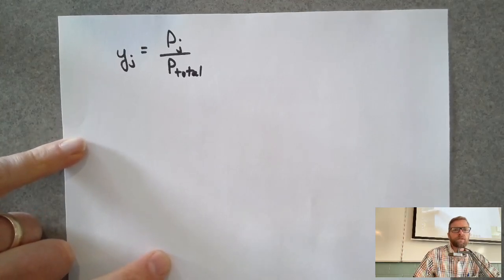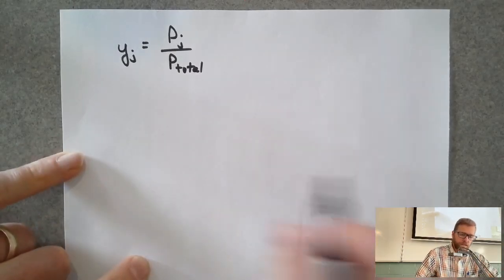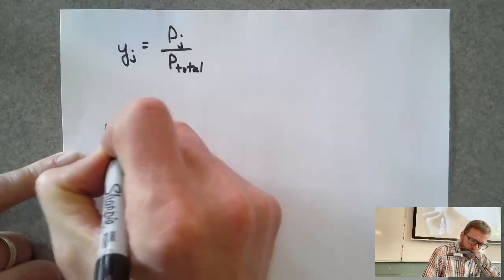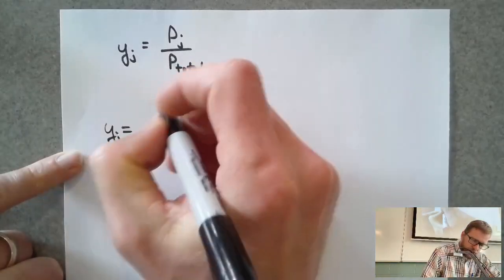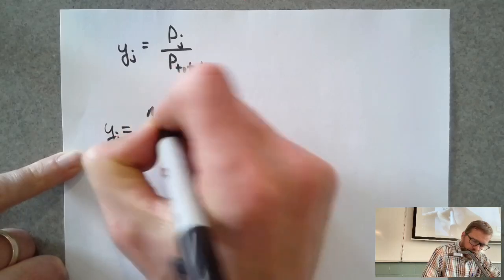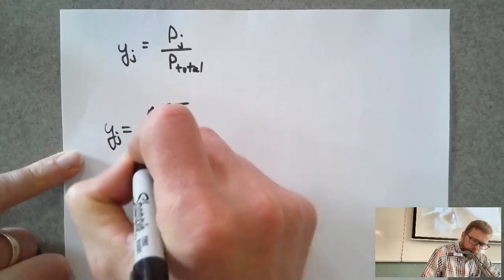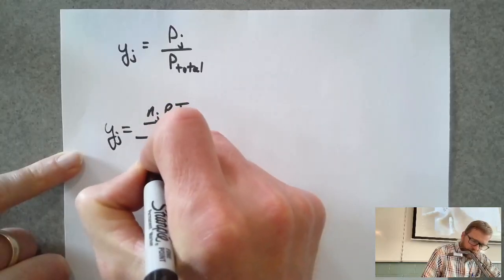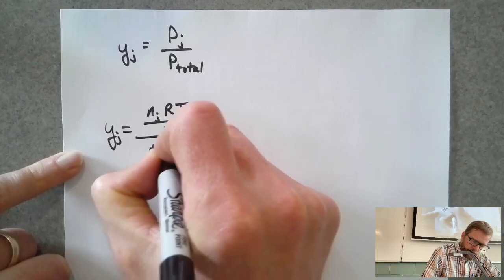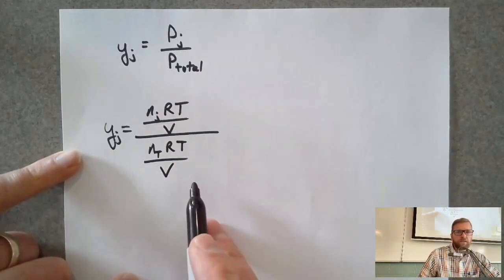And if you're not convinced of this, we can just throw in the ideal gas equation of state, where we have Yj equals Nj RT over V, over Nt RT over V. So what survives?